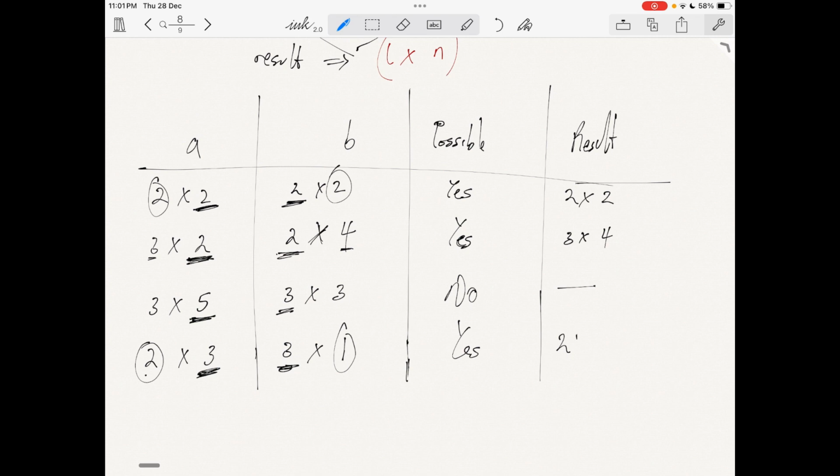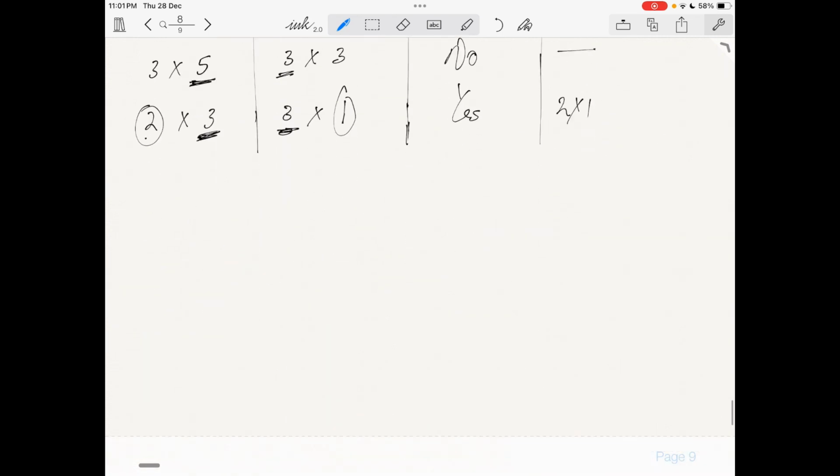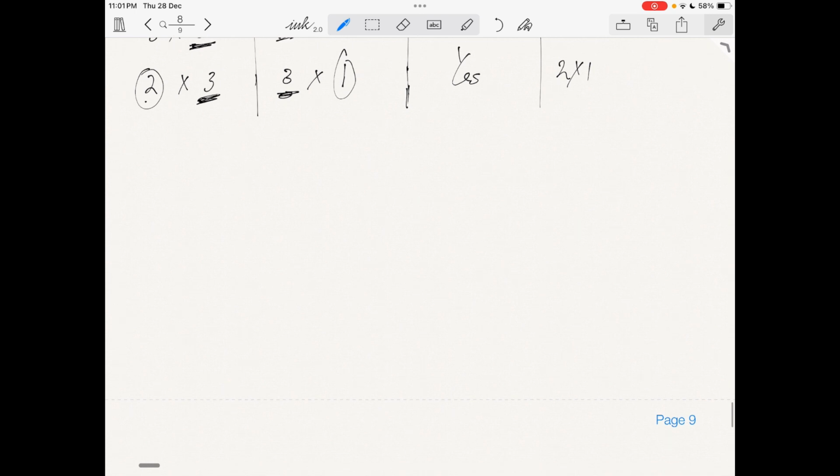Now, how do we multiply matrices? Let's take for instance a 2 by 3 matrix multiplied by a 3 by 1 matrix.